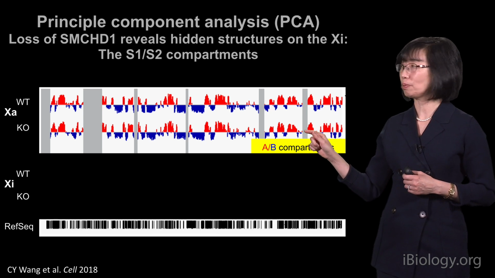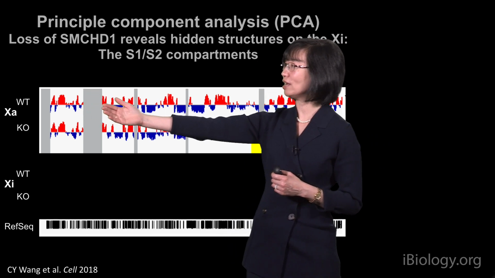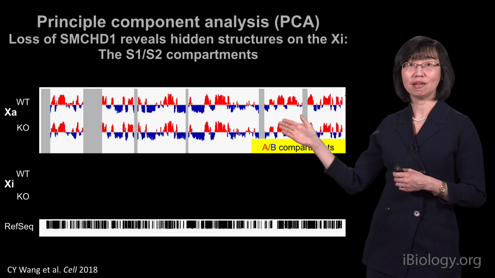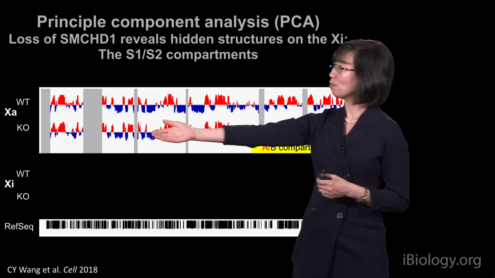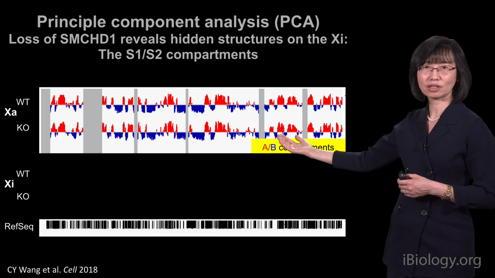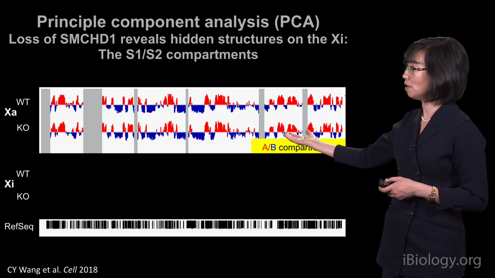And in the first principal component, you can see these red-blue structures on the active X chromosome, which are the AB compartments. And when we remove SMCHD1, nothing happens to the active X chromosome. It's impervious to there being a loss of SMCHD1.